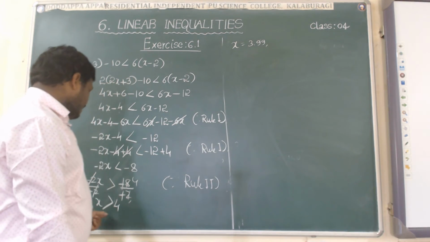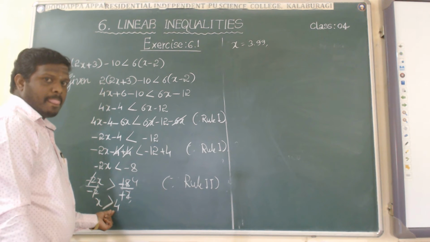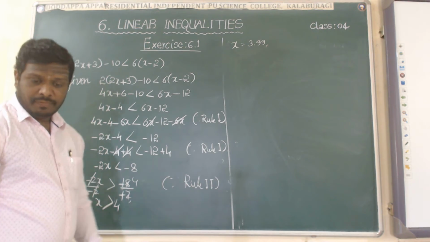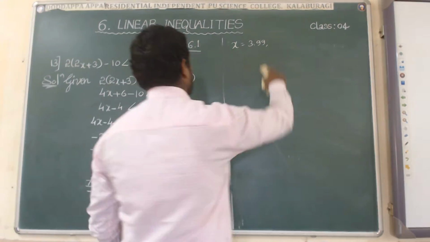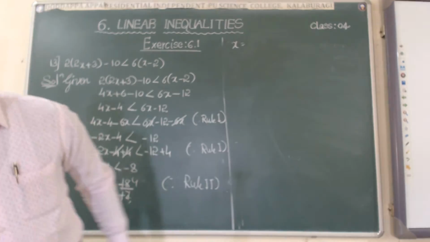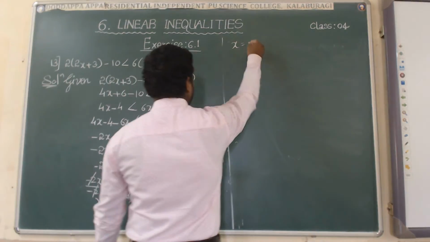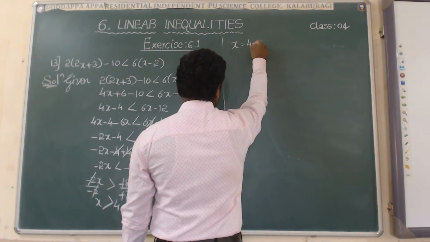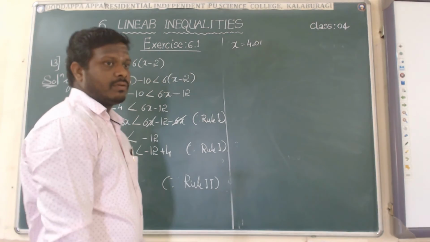The value of x is more than 4, so 3.99 is wrong. Sorry. 4.01 is also more than 4.